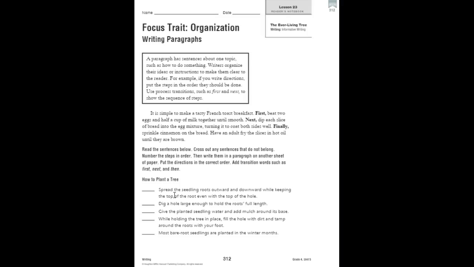Okay, you're not going to have something in this French toast, some comment about the weather. Okay, that's not similar in fact. Okay, so you're going to work on putting these in order and putting them into a paragraph using transition words.